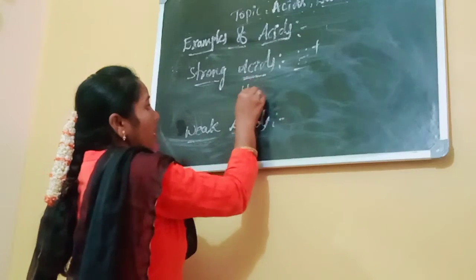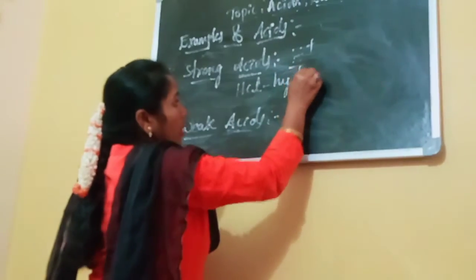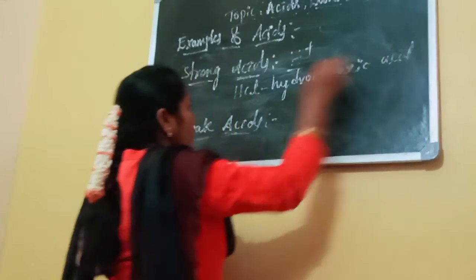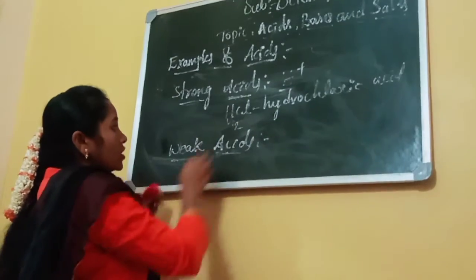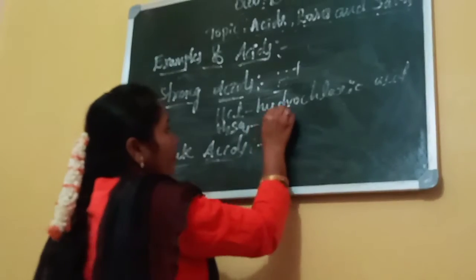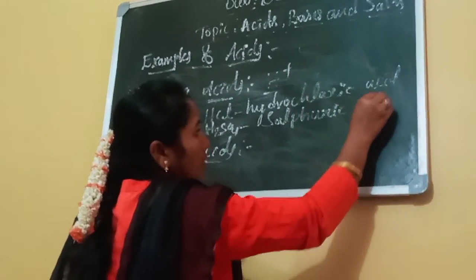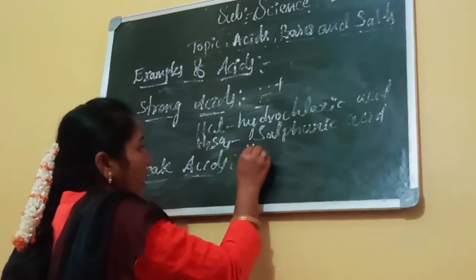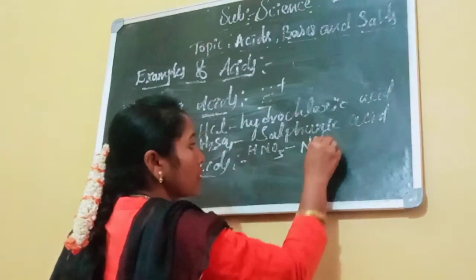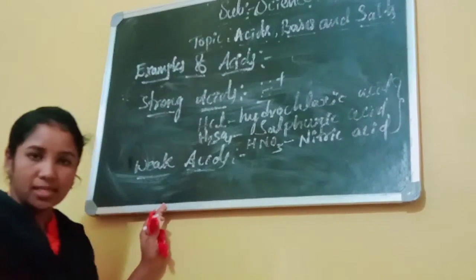Examples: HCl, hydrochloric acid, H2SO4, that is sulfuric acid, and HNO3, that is nitric acid. These are the strong acids.